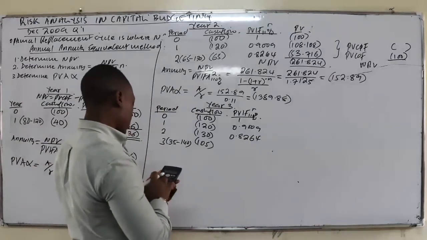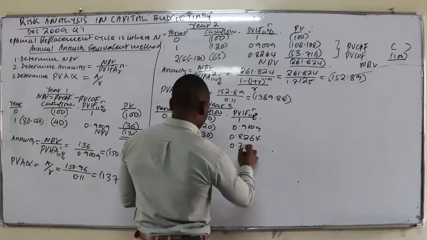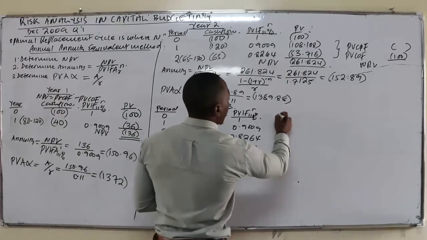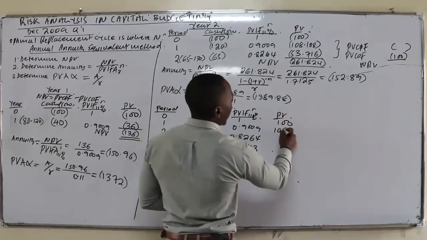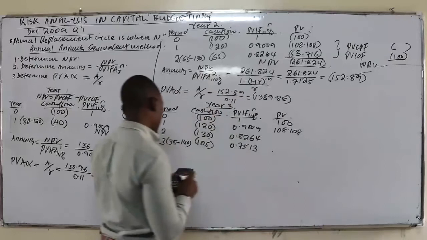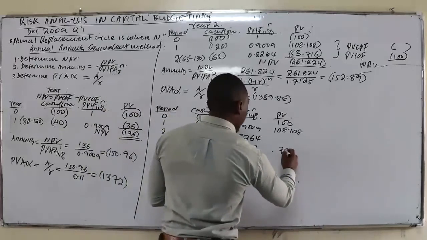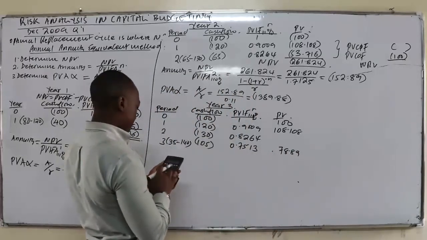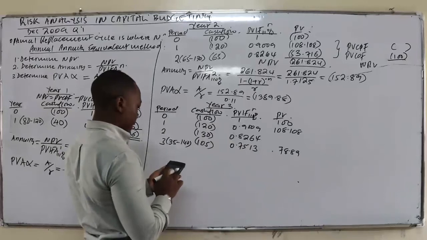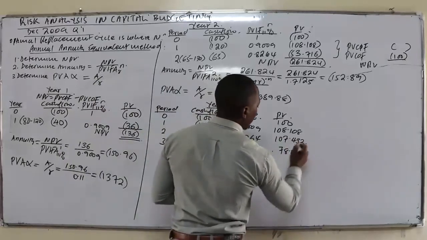So 1.1 raised power negative 3. You'll have 0.7513. And then you get the present value. So that's 100. That one will be 108.108. 105. So this one you get it's 78.89. This one you get is 107.432.